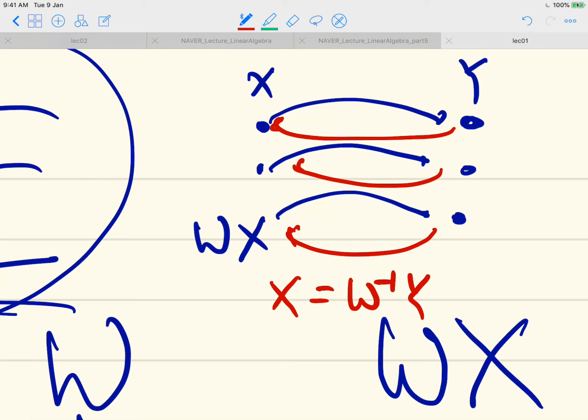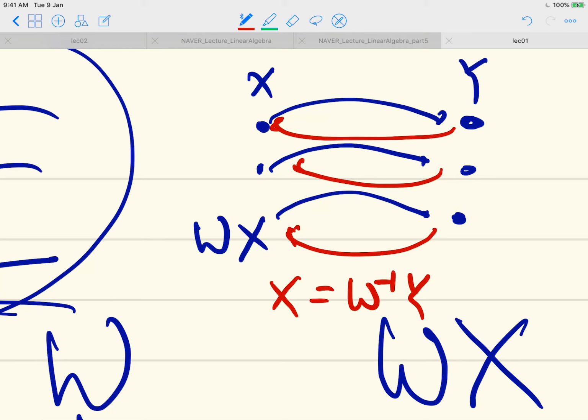then once we find that W inverse, that is the definition or the characteristic of the inverse matrix. So in this mapping or transformation perspective, this inverse mapping is the same as having the inverse matrix. In that case, we can also apply various different notions of functions or mappings.